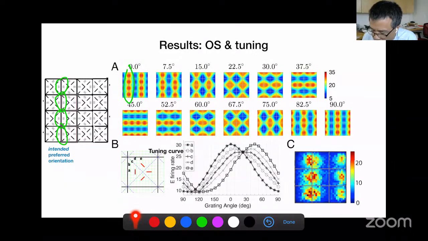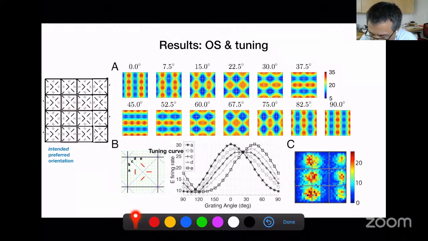We can also compute tuning curves at different locations in the orientation domains.